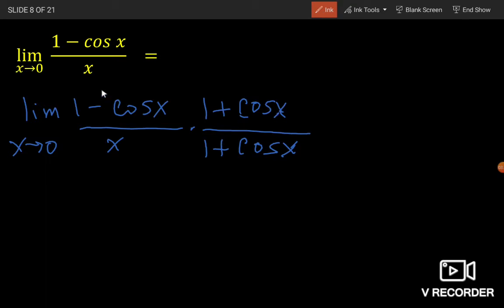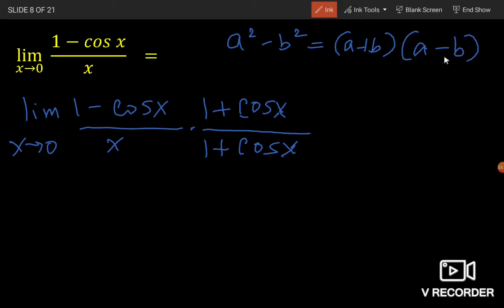So in essence, you're not changing our original expression of 1 minus cosine x over x. Now we have here 1 minus cosine x multiplied by its conjugate 1 plus cosine x. If you recall, a squared minus b squared, which is the difference of squares, is equal to a plus b multiplied by a minus b.